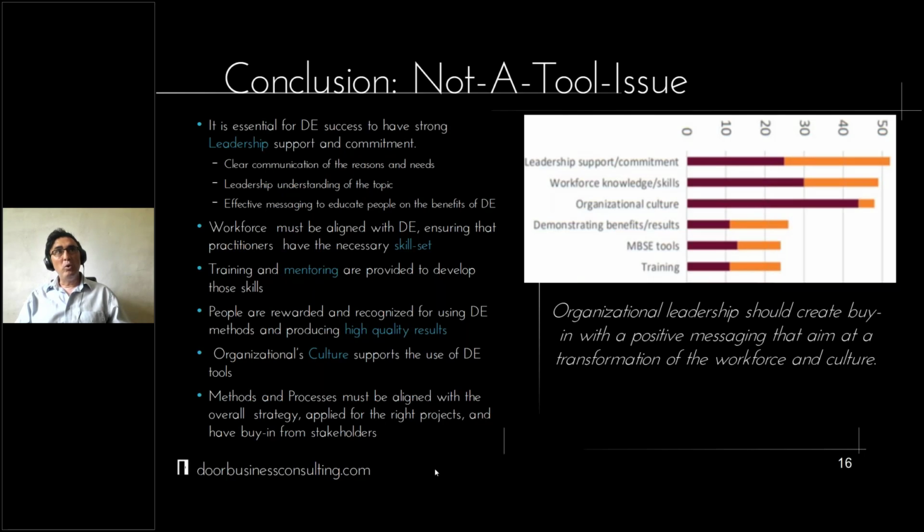So what is the conclusion of all of that? Very often when I try to present those ideas in different situations, there's a lot of pushback, and typically the pushback is about the tools. You see here, that is a model-based system engineering tool, and that is, by the way, research that has been paid by the US government.